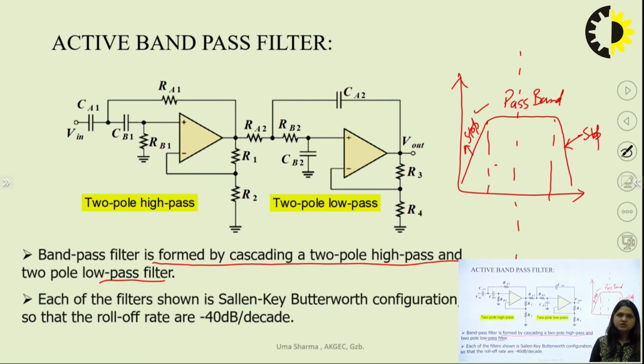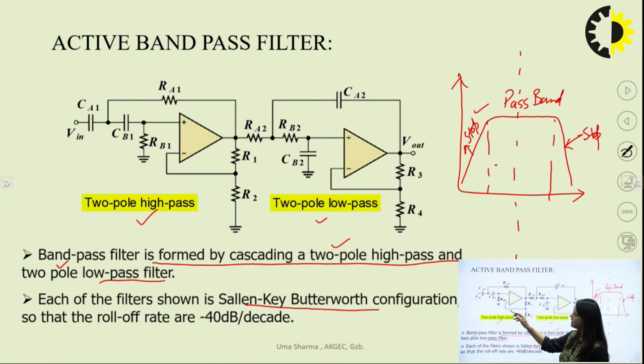There is a condition that both filters must have the same order. So both the high pass and low pass filter should have either first order or second order. The order must be the same. For the designing of a second order filter, this should be a two-pole high pass filter and this should be a two-pole low pass filter, and definitely we are talking about the Sallen key Butterworth configuration.